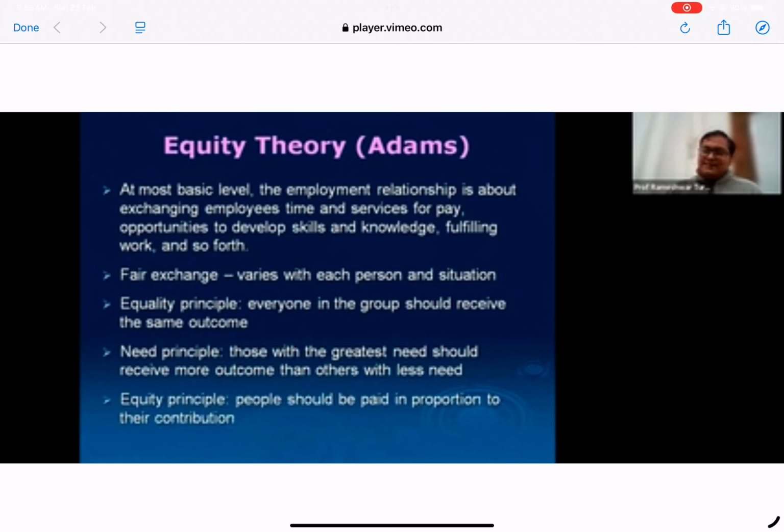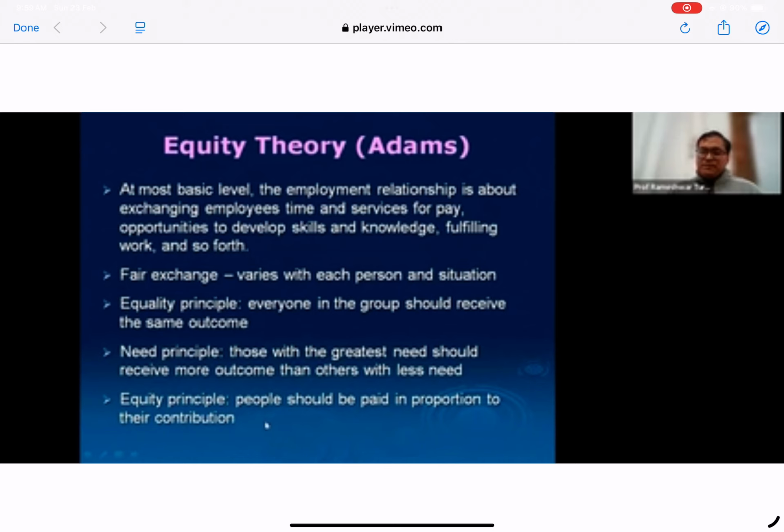And the third is the equity principle. The equity principle says that people should be paid in proportion to their contribution. And salaries are actually given based on this equity principle, not on the equality or need principle. Across the globe, compensation is based on this equity principle.